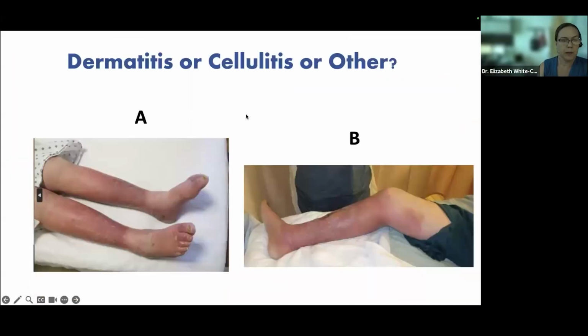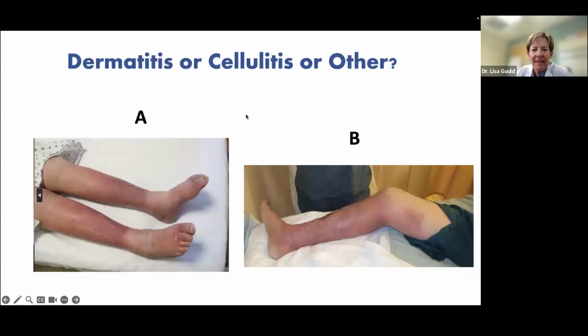Exactly. And then the last quiz, promise, the last one. Oh yeah, you're right. It is the last one.